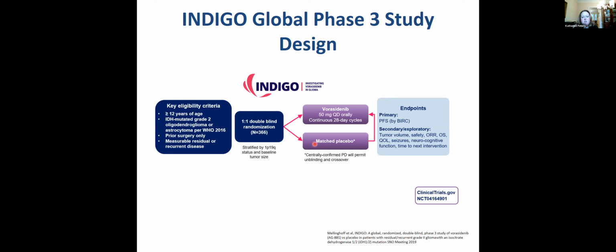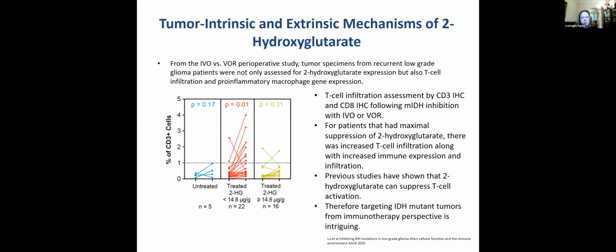And they're randomized to receive either Vorasidenib or a placebo, and the primary outcome is going to be progression-free survival. And this is now open internationally, and I'm happy to say that we're the number 2 enrolling site on this. We're trying to go for number 1 for this protocol, but we're pretty excited to be involved with it.